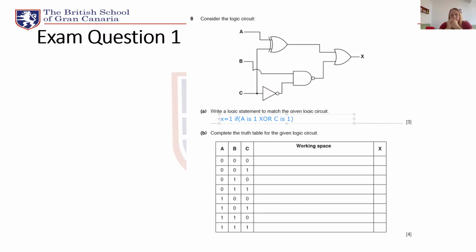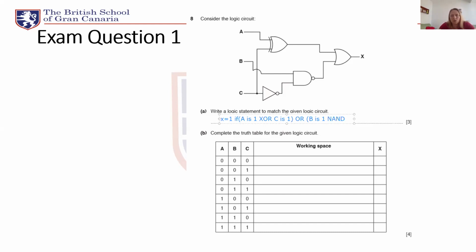Now we're going to look at B. As you can see here, all of these finish with OR, so I'm just going to put OR here. I think that'd be the best thing to do, because we've got A into the exclusive OR gate, and then at the end they all go into this OR gate here. So we would split it up with OR. So if B is 1, the B goes straight into a NAND gate, as you can see.